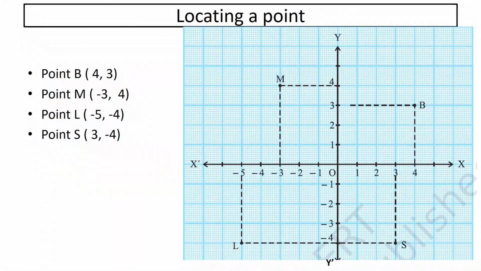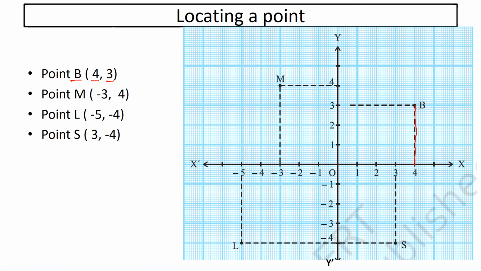Locating a point. If any point B has coordinates given as (4, 3), then for locating this point we have to take 4 units on the x-axis and draw a line parallel to the y-axis.